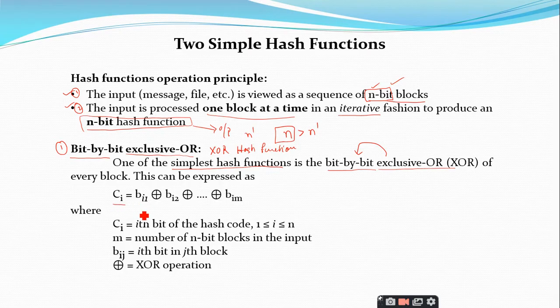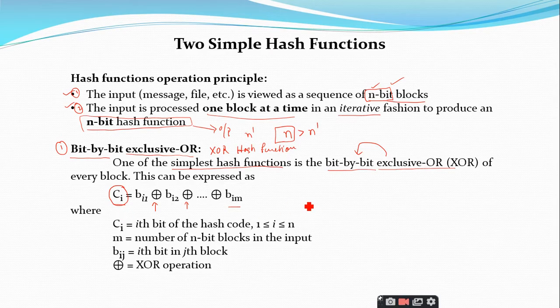Ci is equal to bi1 exclusive OR bi2 exclusive OR, and so on up to bim. Here Ci is nothing but the output. Ci is the ith bit of the hash code.